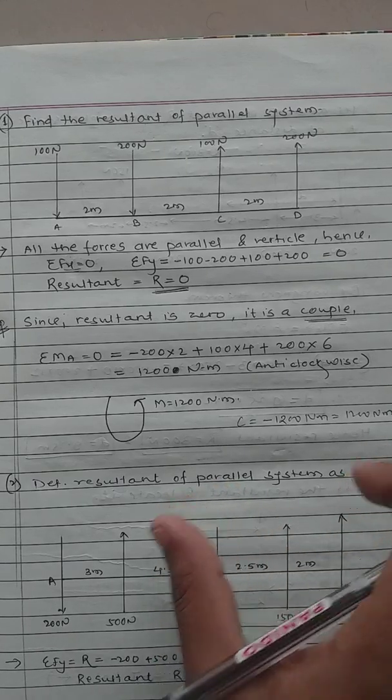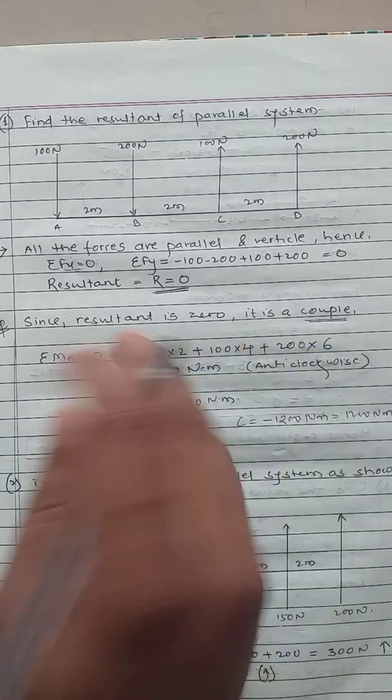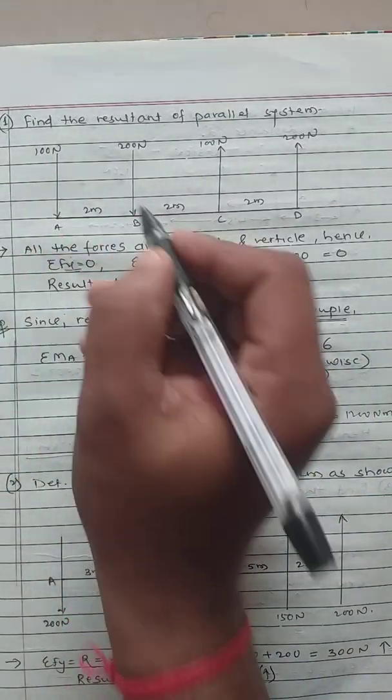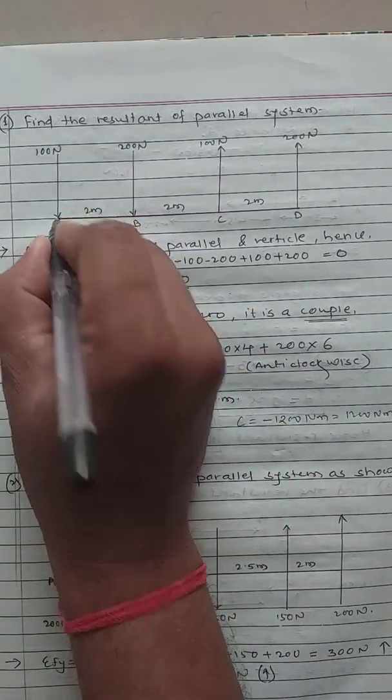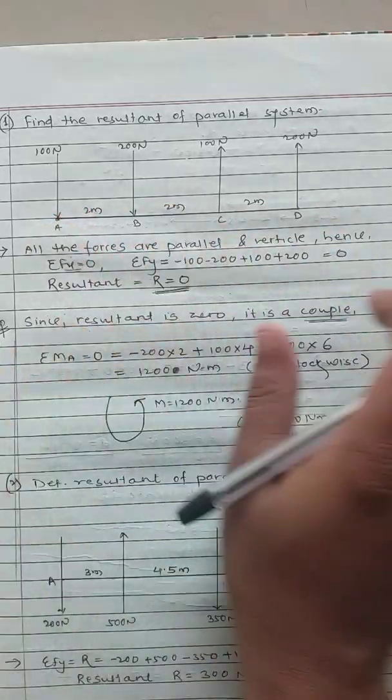If you don't understand this, if it is a couple, you can also calculate the couple value by taking moments. Let's say you take the moment at point A or at point D. You take moment at any point, you will find the same thing.